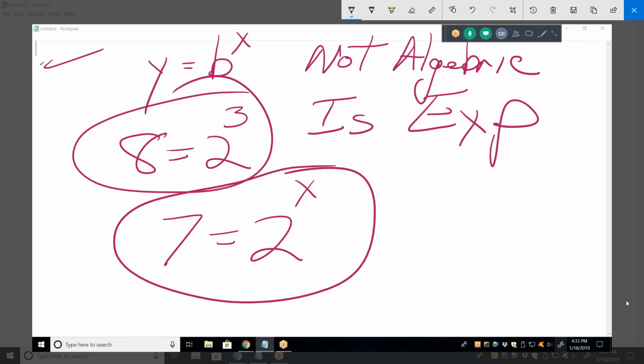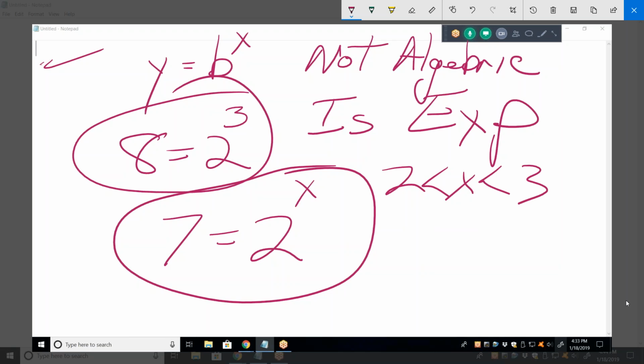Because 2 squared is 4, 2 cubed is 8. So x has to be between 2 and 3. It's got to be greater than 2 and less than 3. And it's some decimal number. It's like 2.876543 or something like that.